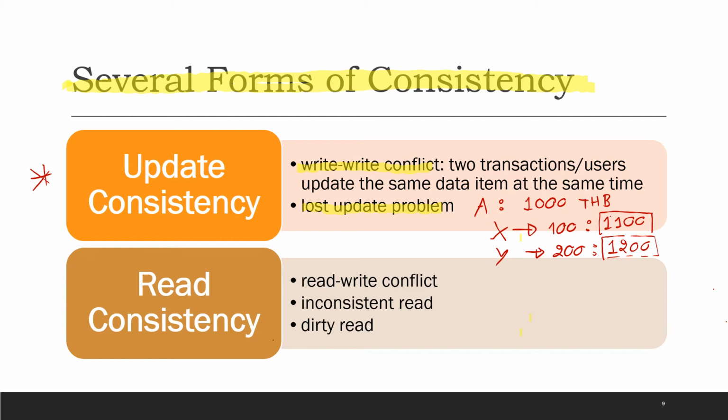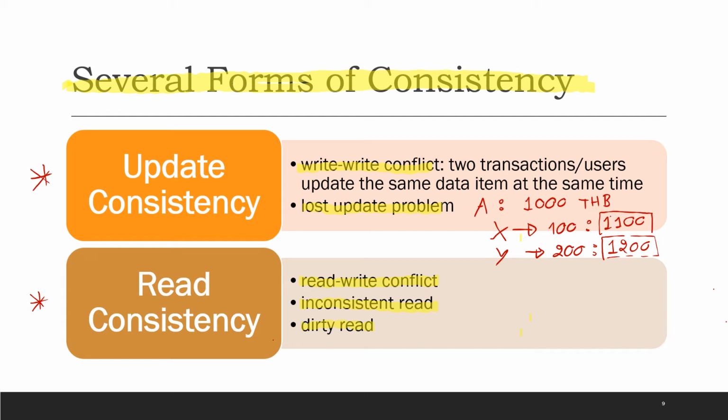Let's consider another case, which is called read consistency. Read consistency happens when two transactions perform on the same data, but one transaction is reading and another is writing. That means you can read a value which is not yet finally updated. That is why it is called read-write conflict, and it leads to inconsistent read, and another problem called dirty read as well.